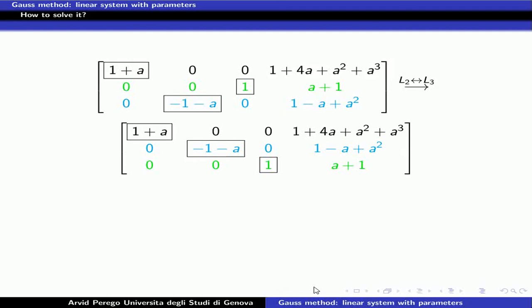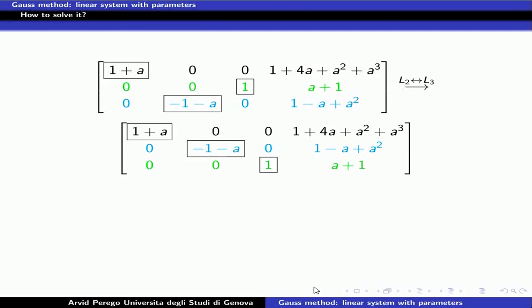So you now see that the entries which are in a box are all different than 0, because we suppose that a is not minus 1. And so 1 plus a is non-zero, minus 1 minus a is non-zero, and 1 is always non-zero independently of the value of a.